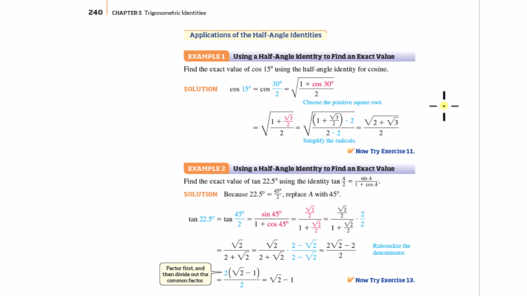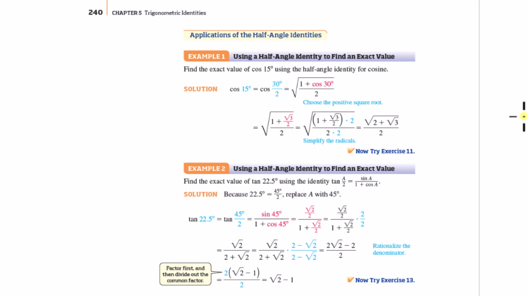Can we do that? I don't think so. Like 105, that's a multiple of 15. If you double that, you get 210. Is 210 a multiple of 15? Yes, it is.